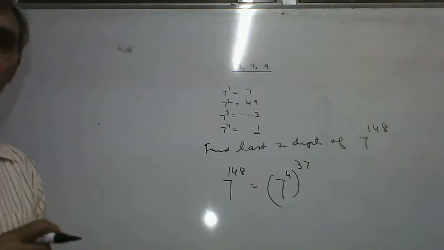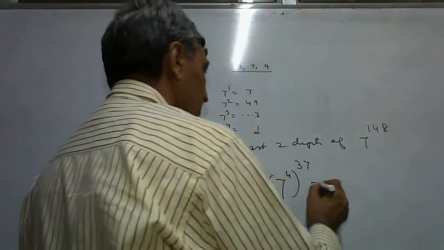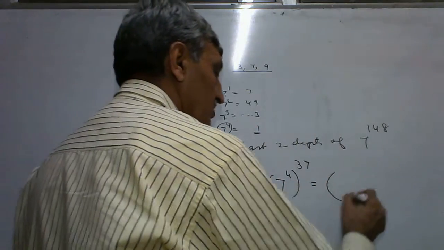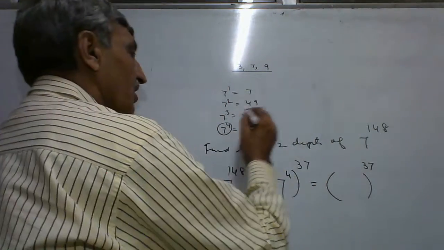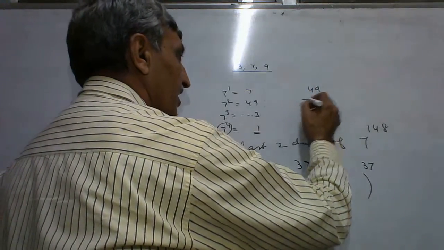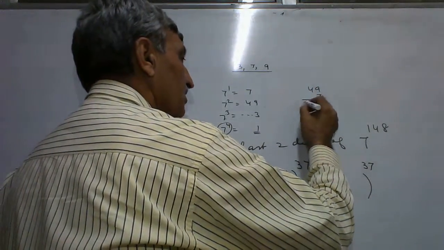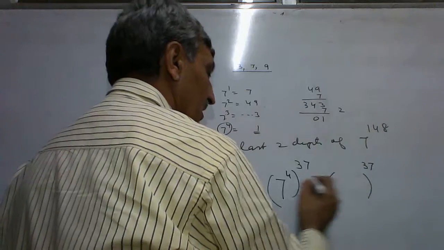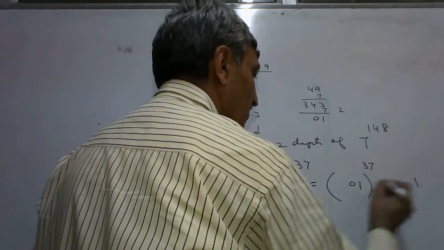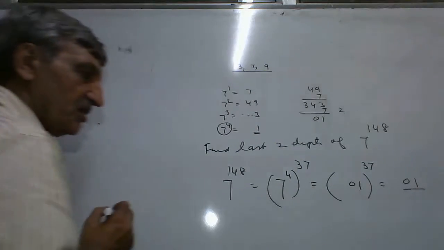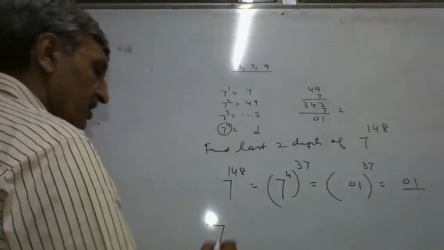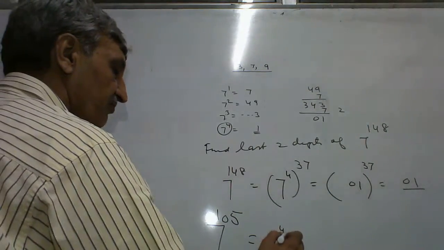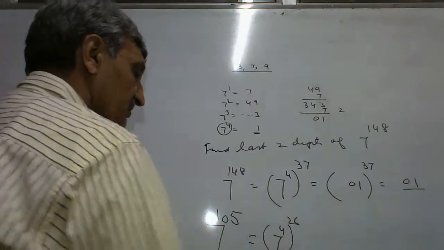Now 7 raised to the power 4: 49 multiplied by 49 gives 2401, so the last two digits are 01. 01 into 7 is 07, so the last two digits are 07. So if I want to find 7 raised to the power 105, taking the earlier example, it is 7 raised to the power 4 into 26, and then 7.